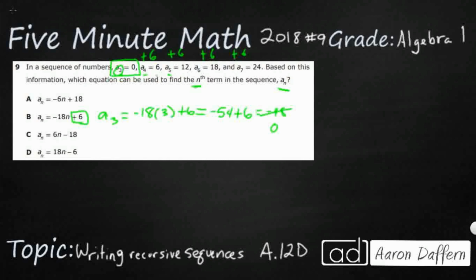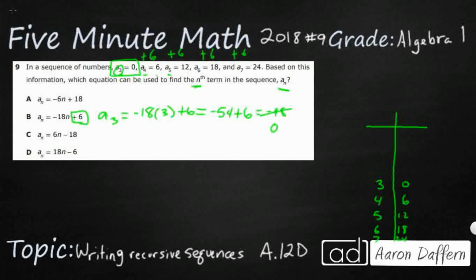We've got a table of values. Let's just say our third number is 0, our fourth number is 6, fifth number is 12, our sixth number is 18, seventh number is 24.